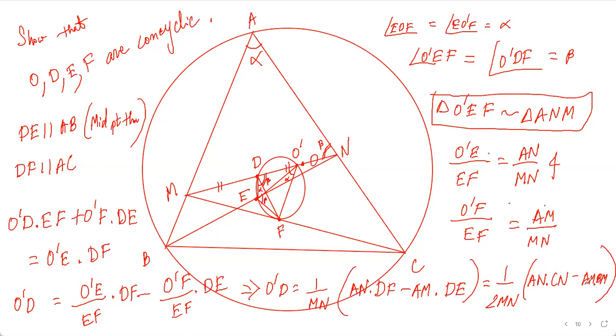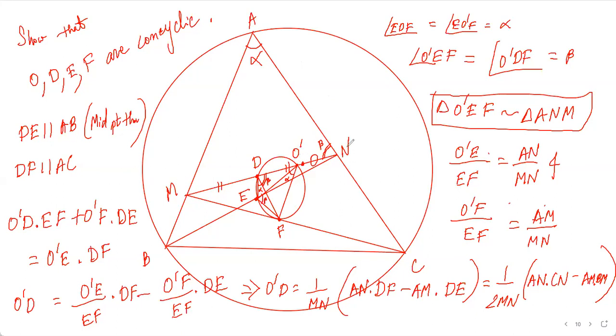Is this fine? Yes. Okay, fine. And now, what is the power of the point N and M with respect to the circumcircle of triangle ABC? Look, now they are inside the circle.